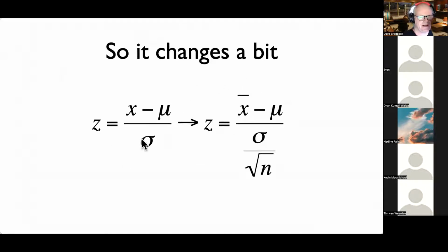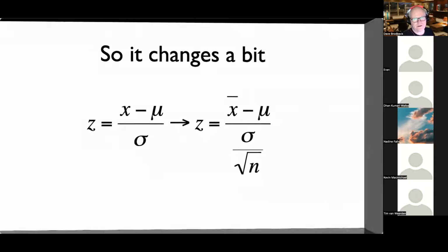Central limit theorem tells me that this is now this. So you may have been taught or may have thought that when you did a Z test of a mean, you have a different formula. You actually don't. It's the same formula. We start with this, and then the next thing we do is we sub x bar in for x, and we sub sigma over square root of n for sigma. So it changes the formula in a way, but actually you're still starting from the same place.